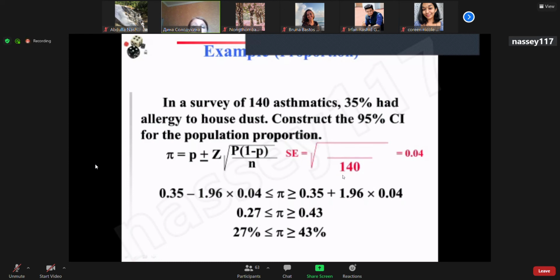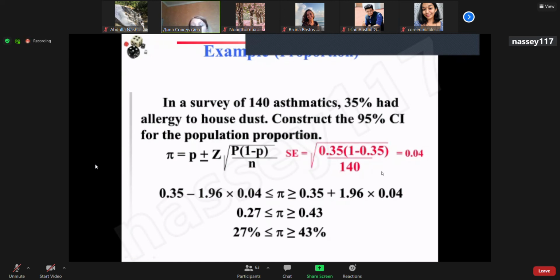Standard error formula will be our parameter, 35%. So 35% of proportion is 0.35. So in formula, we use 0.35 times 1 minus 0.35 divided by number of subjects in the sample, which is 140. So our standard error is 0.04.